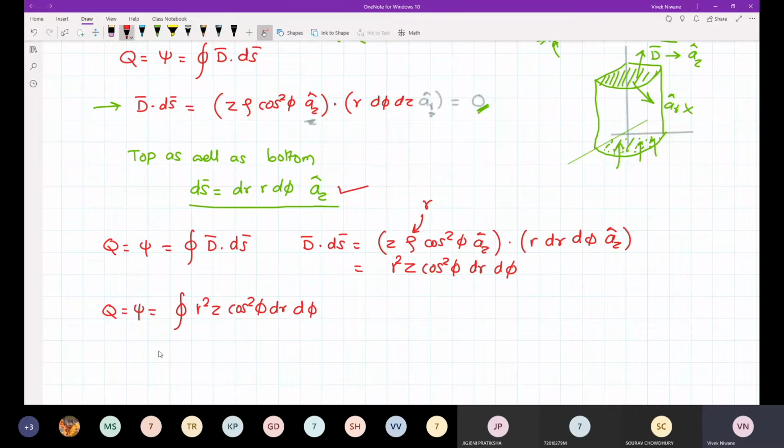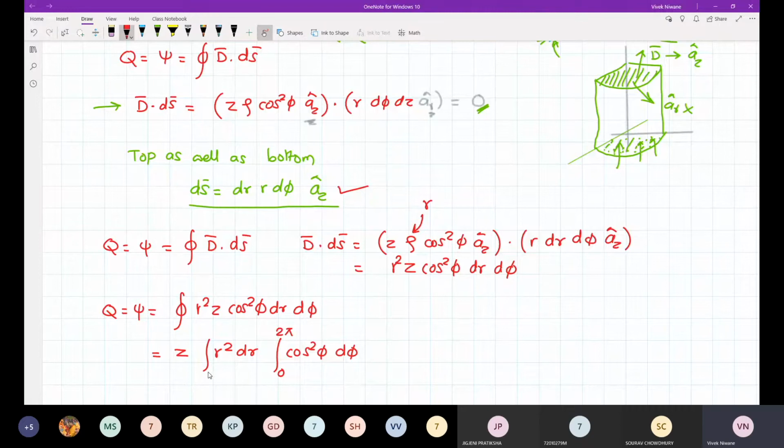Let us take out a few of the constant terms. We don't have a dz term over here, so z will be a constant, and we have the integration of r square dr and the integration of cos square phi d phi. Phi is going to vary from 0 to 2 pi always, and r was given as a constant.